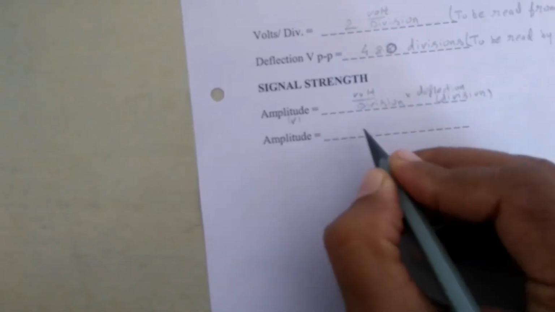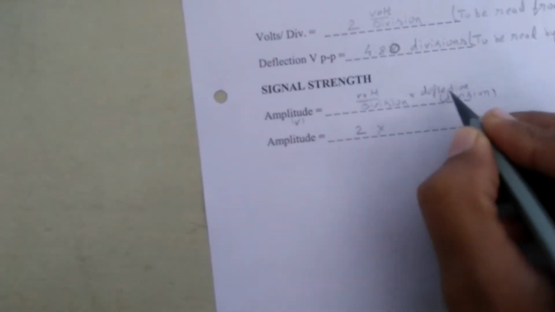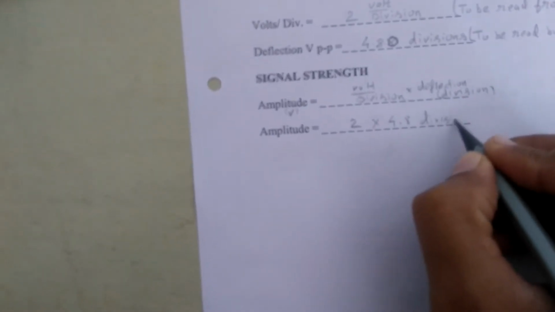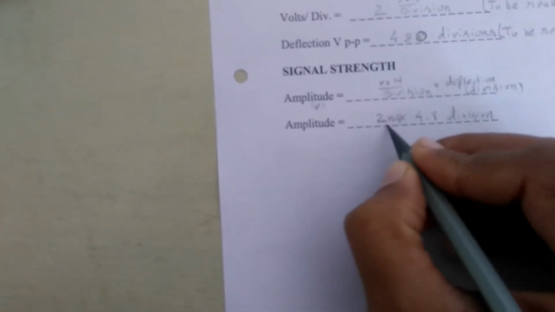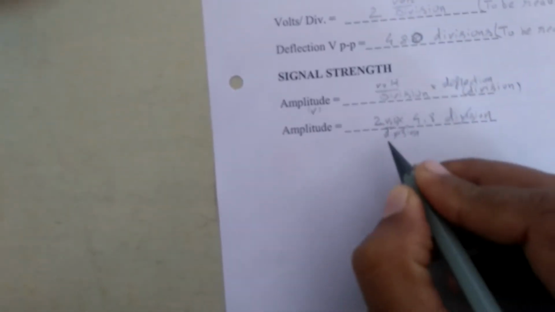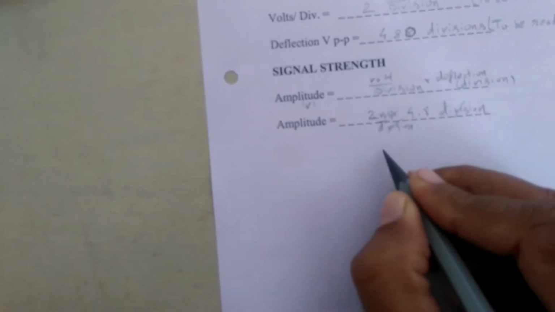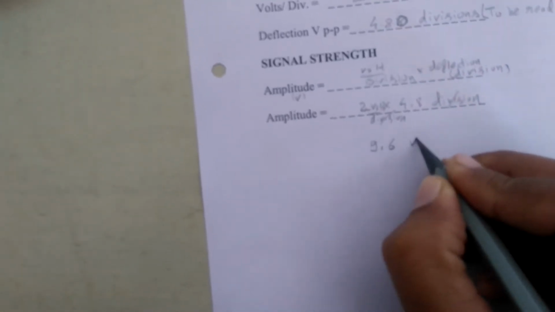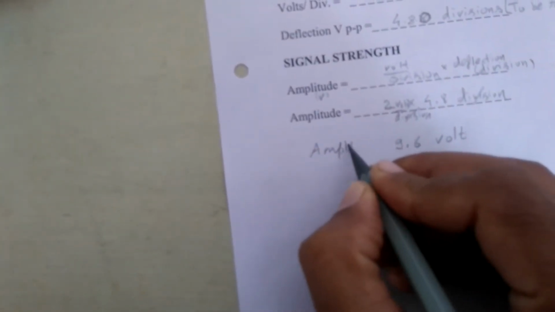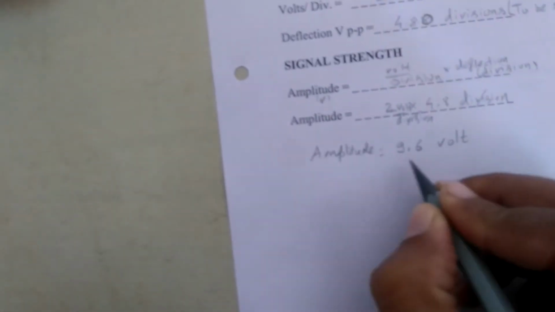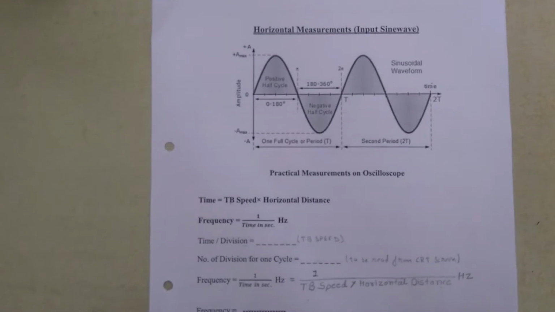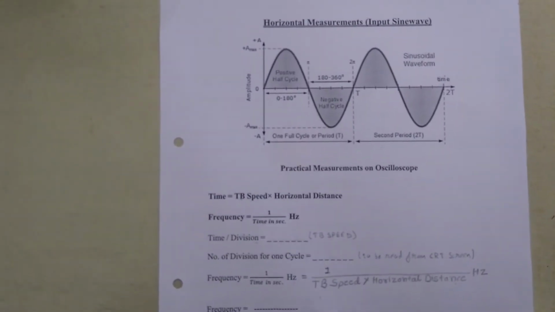Here the volt per division reading is 2 and the deflection is 4.8 divisions. The divisions get cancelled out and we get 9.6 volt. So basically this is the amplitude. Amplitude is 9.6 volt.